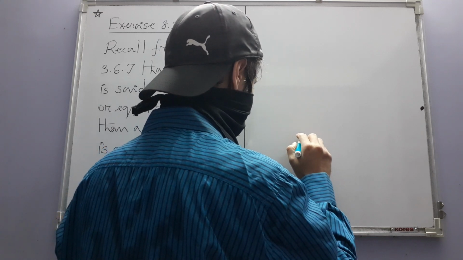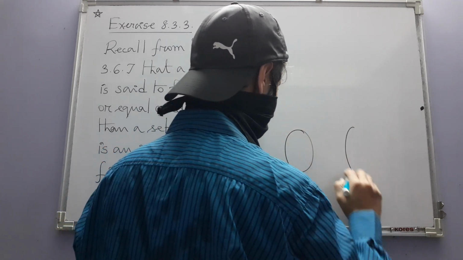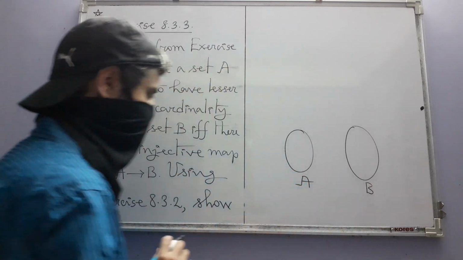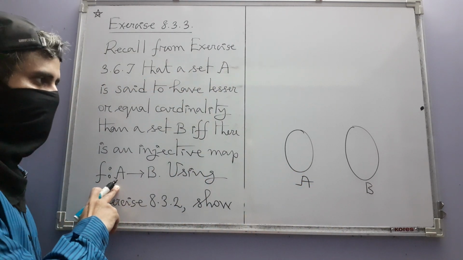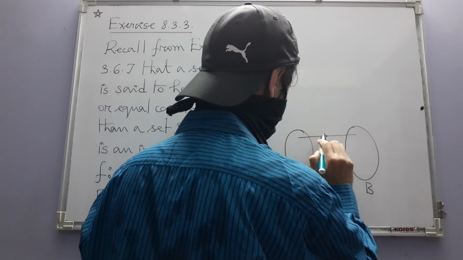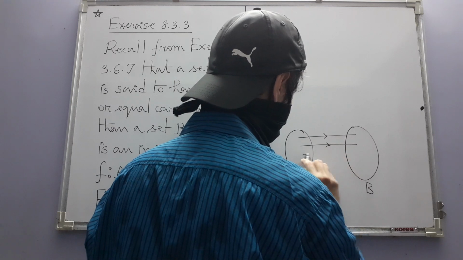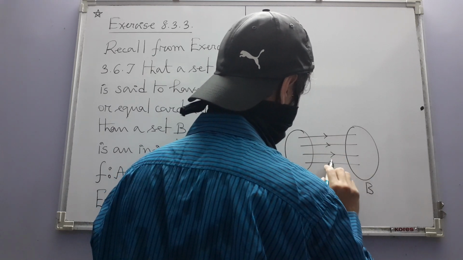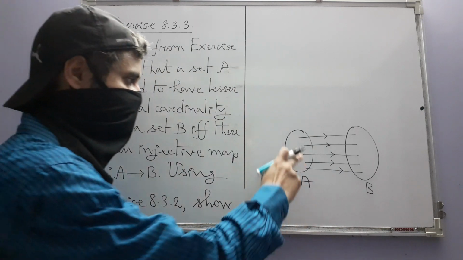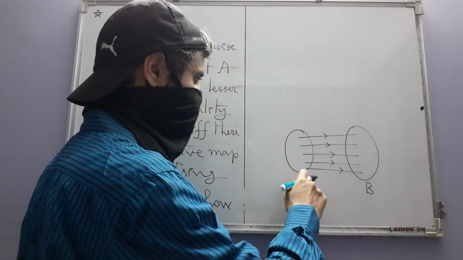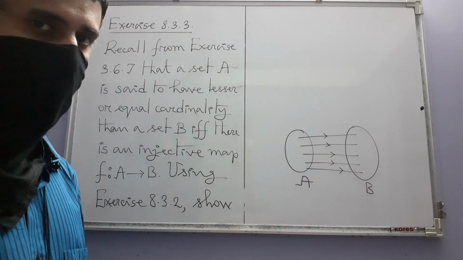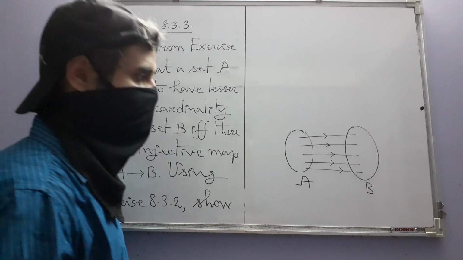So the thing is like this. This is your set A, this is your set B. Existence of such an injective function means that you are having some associations between elements of A and elements of B, so that distinct elements in A find distinct images in B. In fact, that's what injectivity means.